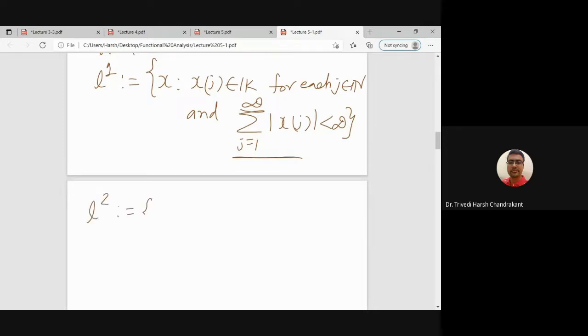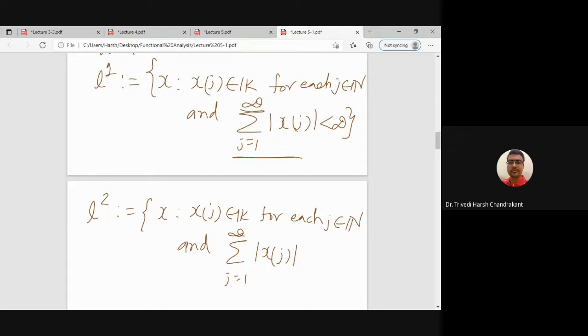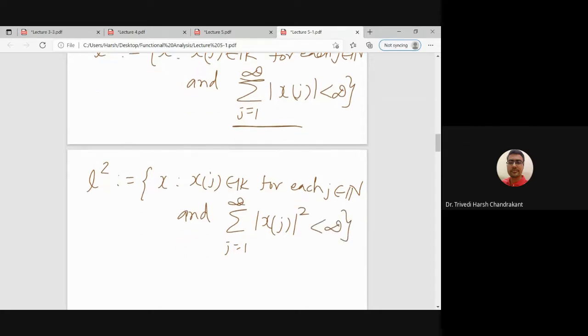L2: in L2 we are going to take the sequences with either real or complex numbers, so that instead of modulus xj being convergent, its square is convergent. So here we had taken only modulus xj, here we are taking modulus xj square.